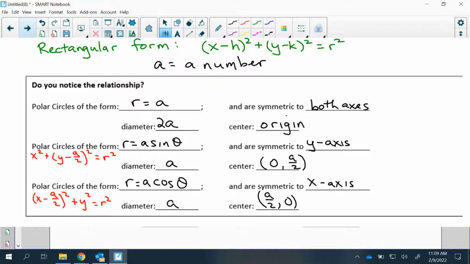Then you have polar circles that we focused on the front of this worksheet of the form r equals a sine theta and r equals a cosine theta. r equals a sine theta is symmetric to the y-axis, or the line x equals 0, with diameter a and center at (0, a/2). Polar circles of the form r equals a cosine theta are centered at (a/2, 0) with diameter a and symmetric to the x-axis, or the line y equals 0.